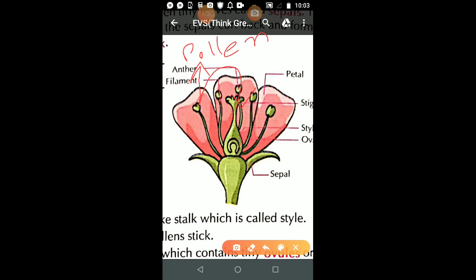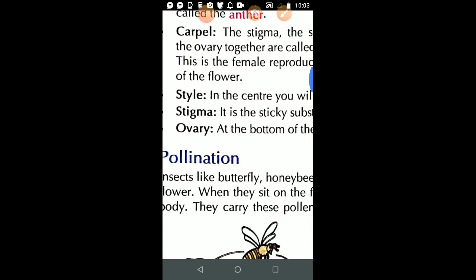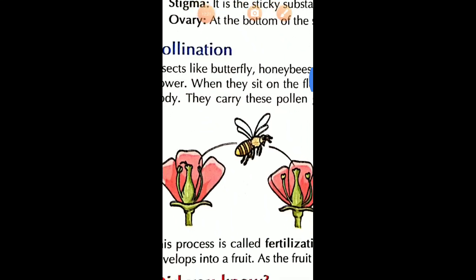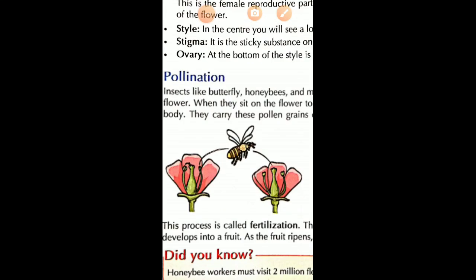Now students, I will explain to you what is cross pollination. Now see, observe another picture of a flower. Now students, observe this picture.